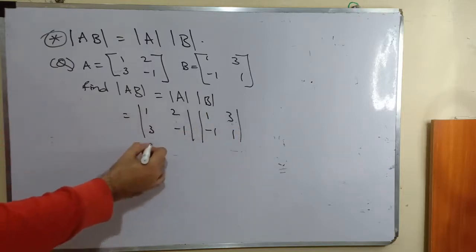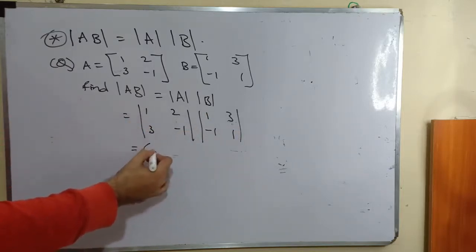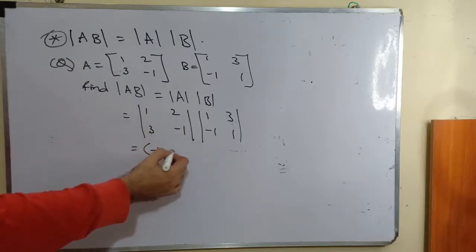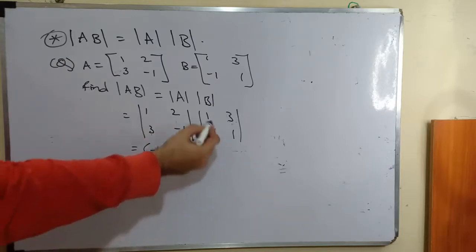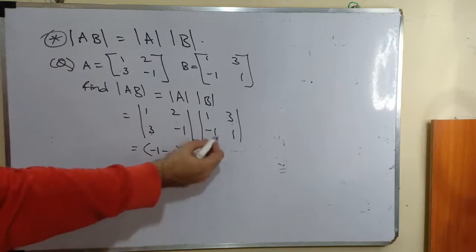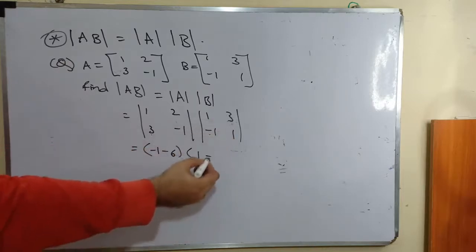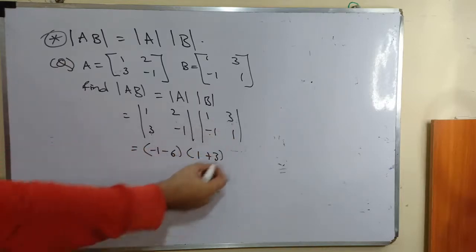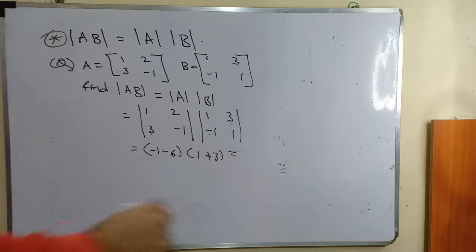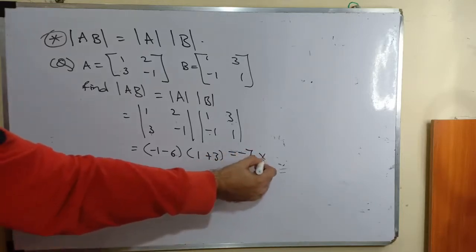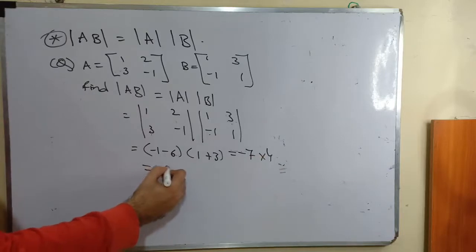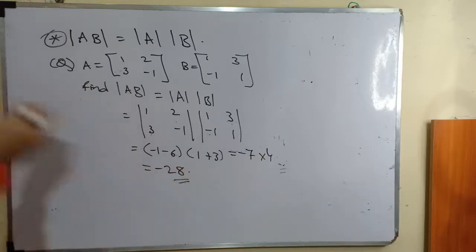So if we take the products, 1 into minus 1 is minus 1, 3 into 2 is 6, so that's minus 7. Here 1 into 1 is 1, and then minus 1 into 3 is minus 3, so that's 1 plus 3, which is 4. So the value is minus 7 times 4, so the value is minus 28. Hence the answer.